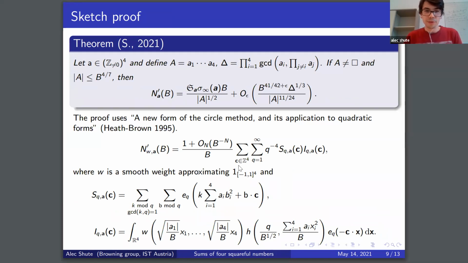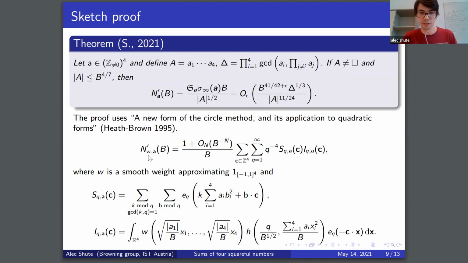In order to prove this, we used a version of the circle method, first introduced by Duke, Friedlander, and Iwaniec, and further developed by Heath-Brown in his 1995 paper. I don't really have time to go into much detail, but it's a smoothly weighted version of this.